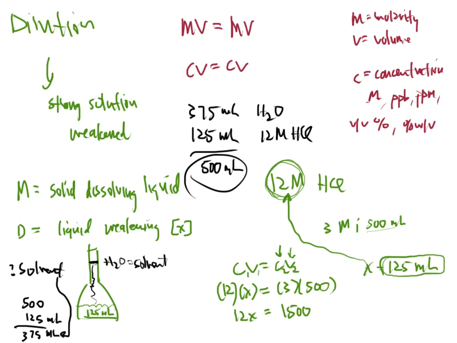All right? Okay, so let's take a look at another example. So let's say I go into the lab and I have a salt solution, and that salt solution is made at 20%. And let's say I want to weaken that down. That's way too strong for me to use.